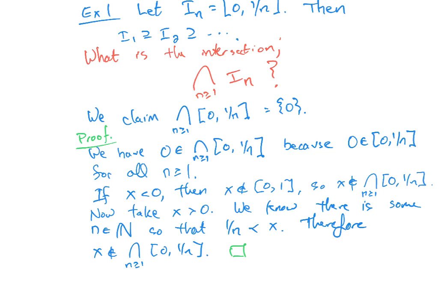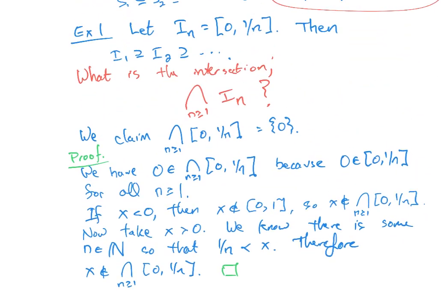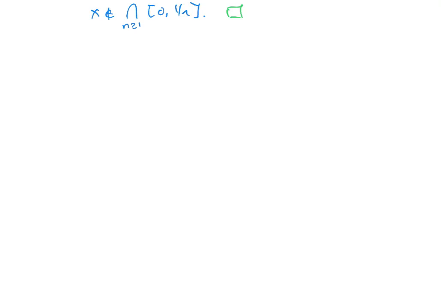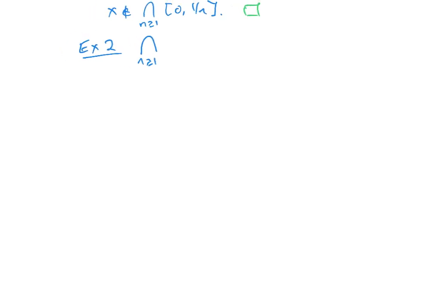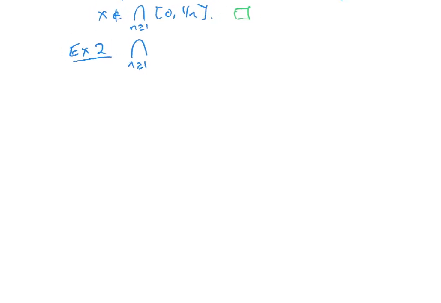We're not going to prove any more examples, but let's just state some. That was example 1. Example 2. Let's do the intersection. So we're going to look at these. We're not going to prove them. Maybe we'll talk about proving them. What would be the intersection of those half open or half closed intervals?